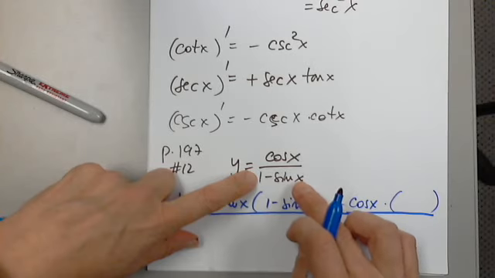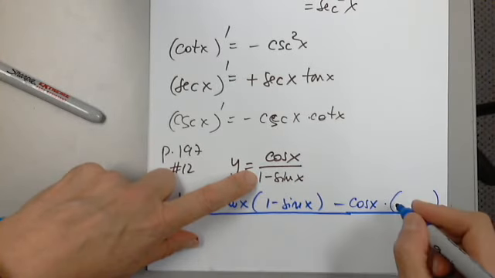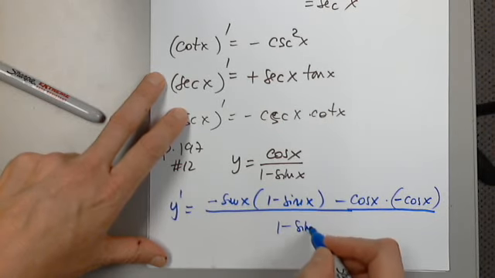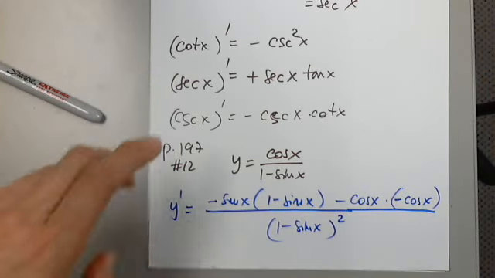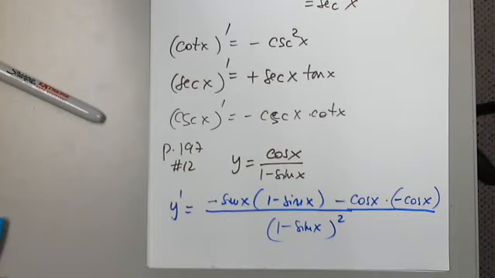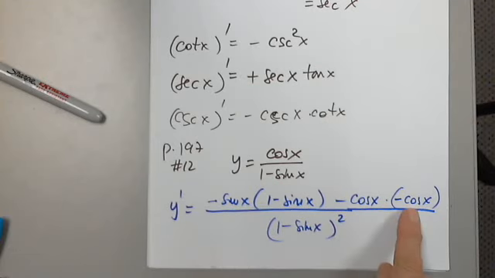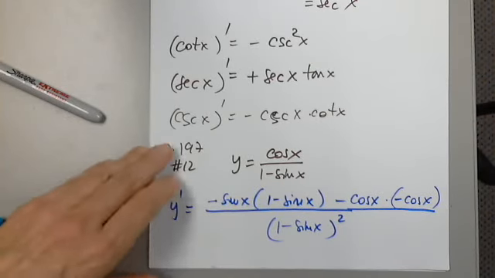Sine prime is cosine, but there is a minus, so I'm going to have to write minus cosine x over 1 minus sine x squared. So top function prime is negative sine x times the bottom minus the top times the bottom prime. I have to try to simplify this as much as possible.